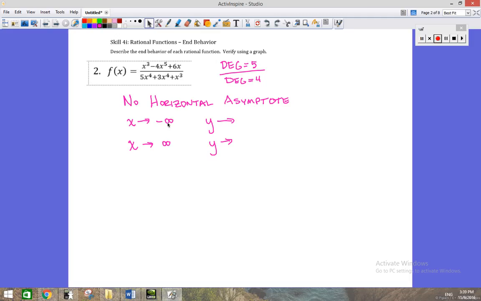As x is getting really, really small in a negative sense, in the numerator here, this x to the 3 and this x are not contributing to the magnitude of the number. This x to the 5th dominates those other terms. It's like these other terms are just a grain of sand on a beach. A single grain of sand doesn't even amount to the entire beach.